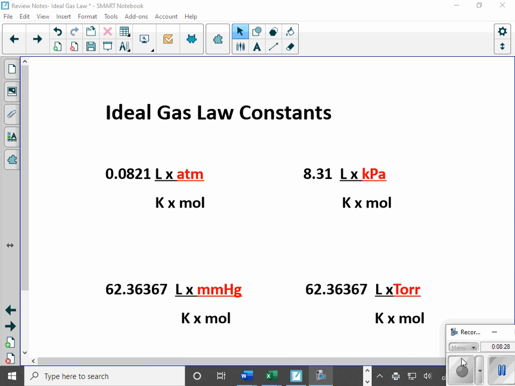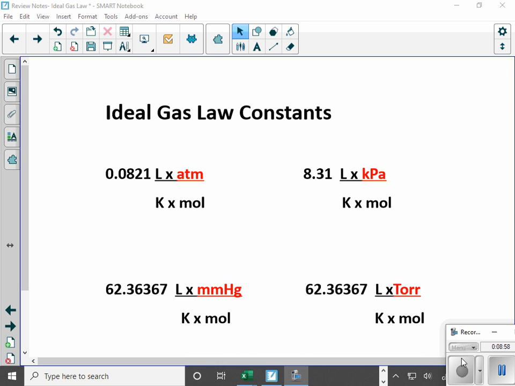With these values for the ideal gas law constants, notice up here what I have in red. Of the labels, L is liters, K is temperature in Kelvin, mole is obviously the number of moles. So the red label here is the pressure.